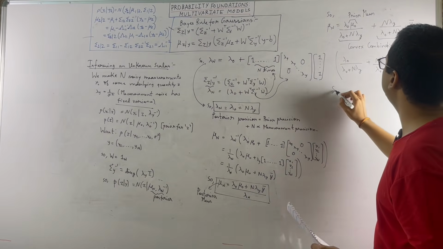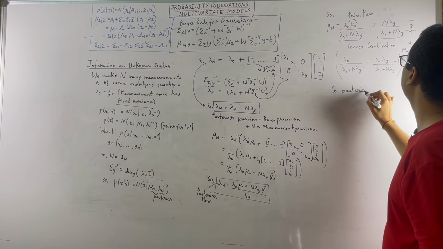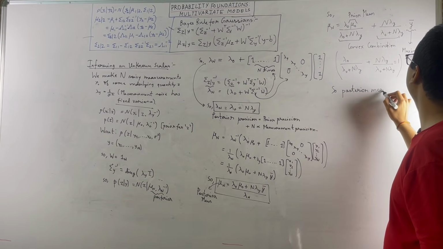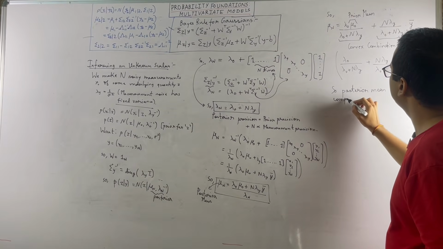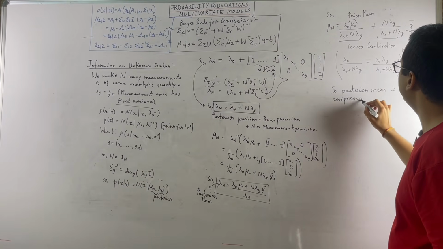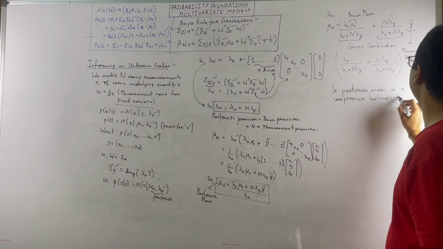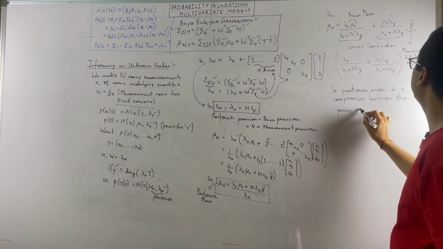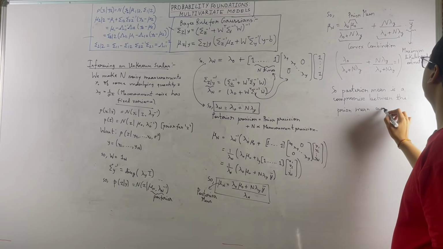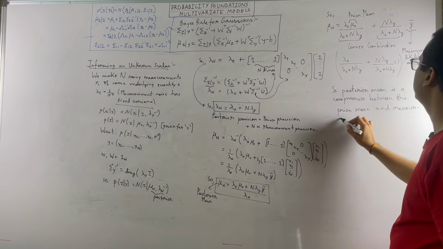So the posterior mean is a compromise between the prior mean and the maximum likelihood estimate, or the measurement mean also, you can say.